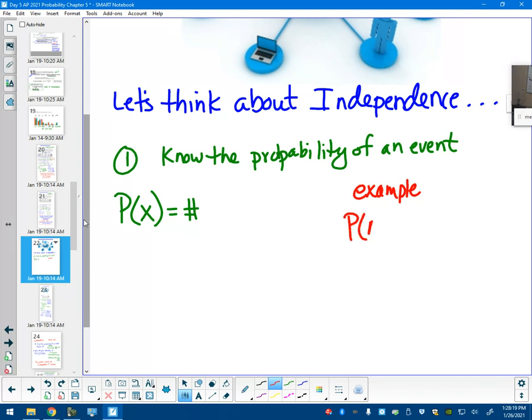The probability that you're taking AP Stats this year at Kenston High School is 50 out of 900, which is equal to 5 out of 90, which is point what? 0.0555555. Is that right? 0.05 repeating.